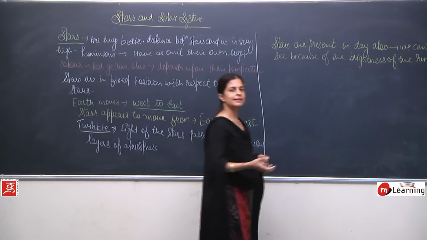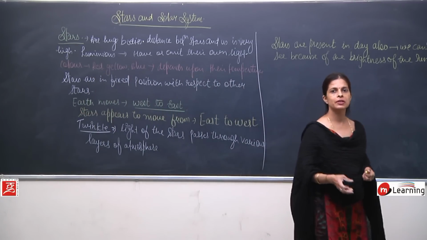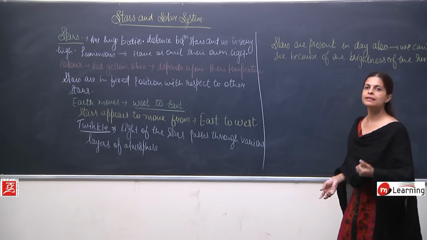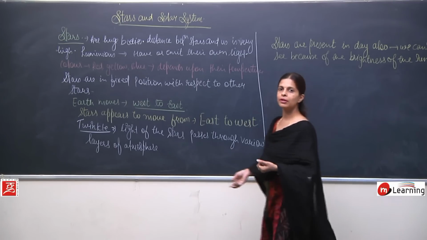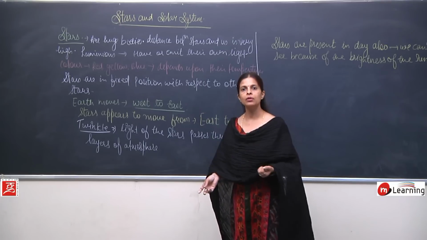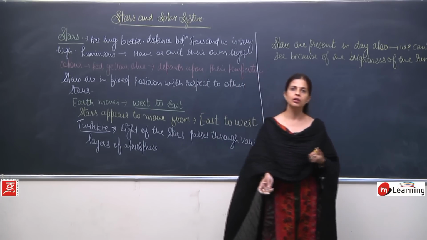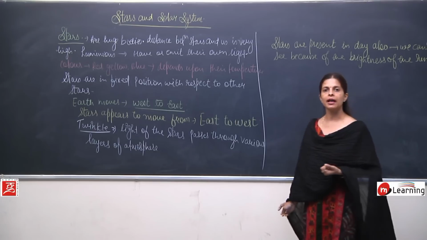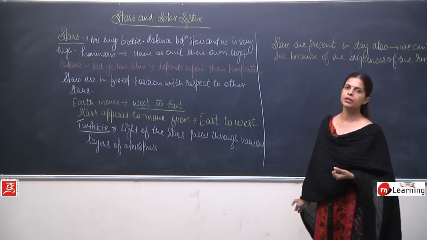By looking at the stars, we cannot judge the size of the stars because of their distance. These are huge bodies which have their own light, that means these are luminous objects. They emit their own light, and why do they appear twinkling?